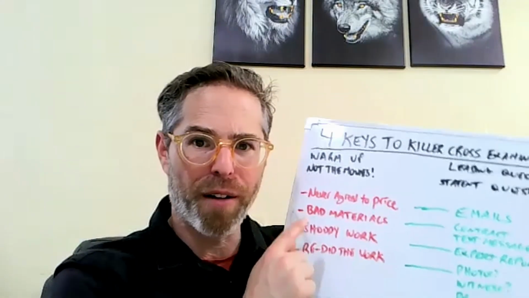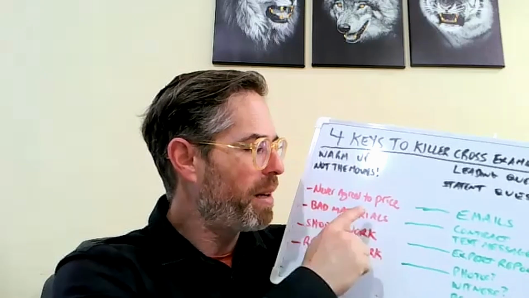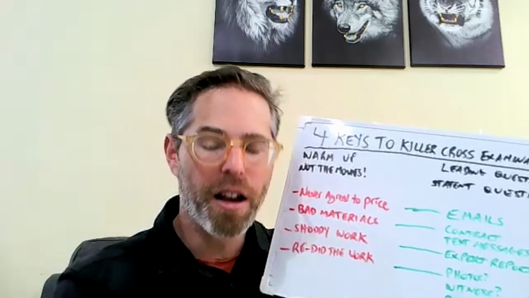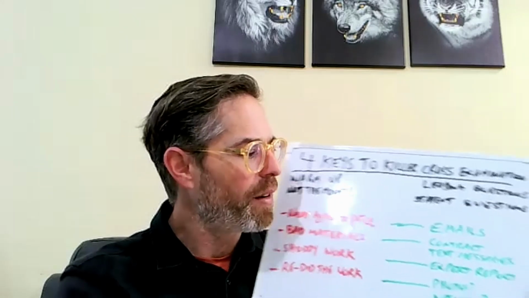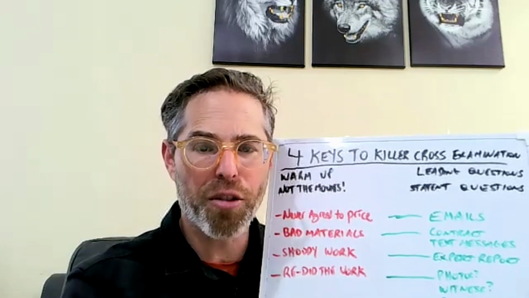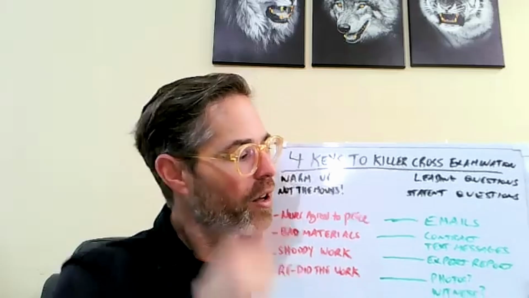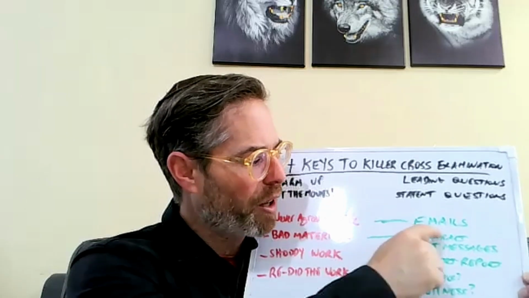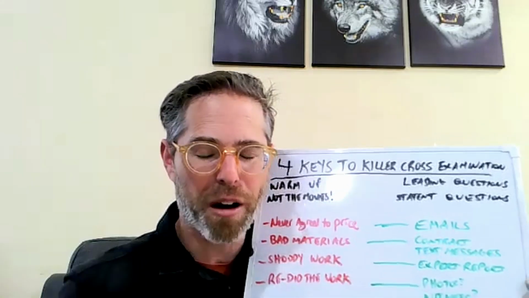The next part of Jim's testimony was that the materials were bad. Okay, so let's say that the types of materials that you, John, had used were actually agreed to in the contract. So I'm pointing here to the contract as an example of where you can cross-reference. So you can say something like, Mr. Smith, you said that the materials that I used were not what you had wanted.